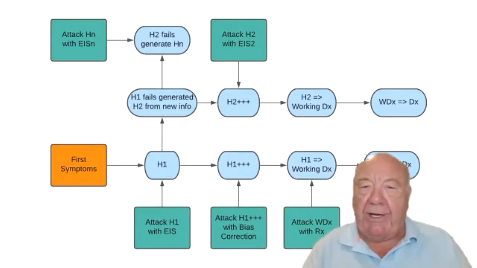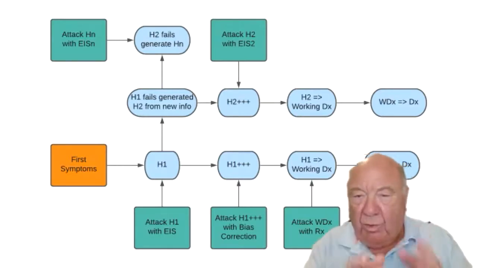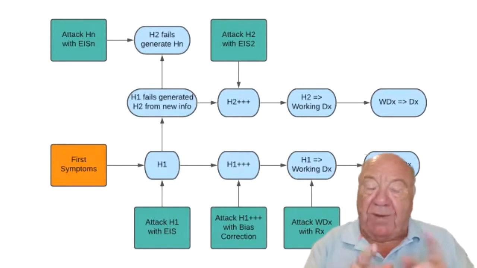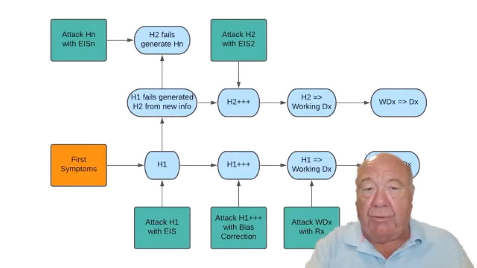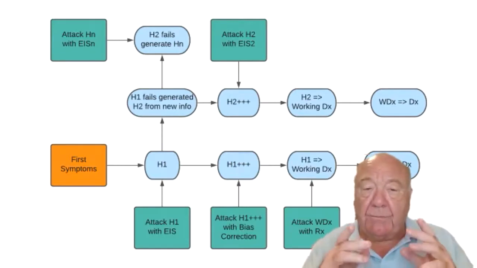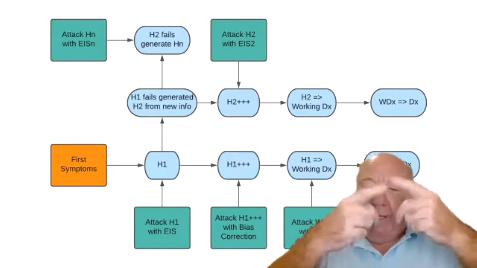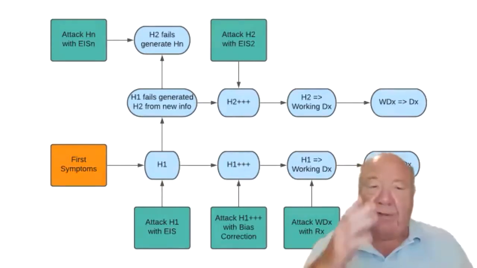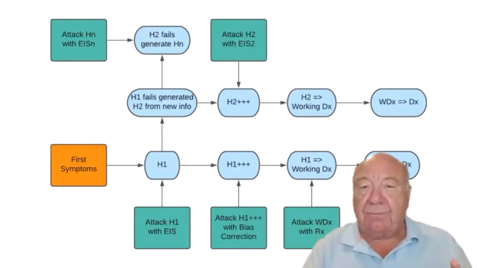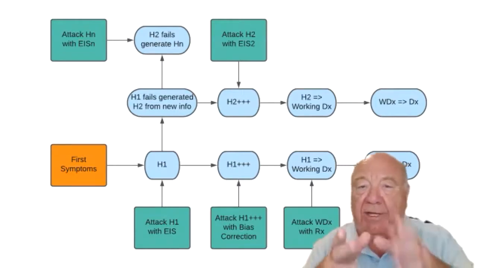H2 is generated from that first symptom and all of the information you've got from your initial essential illness script. So EIS2 is born of EIS1, and then you do the same thing again. You attack it again with H2 and EIS2.